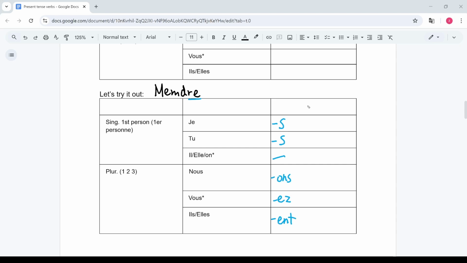Let's again write our verb over here. Mendre. We've correctly identified that it is an RE verb, and so let's cross off our group, and then according to the subject, we add our endings.